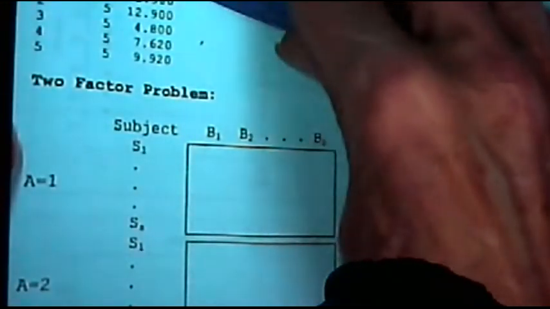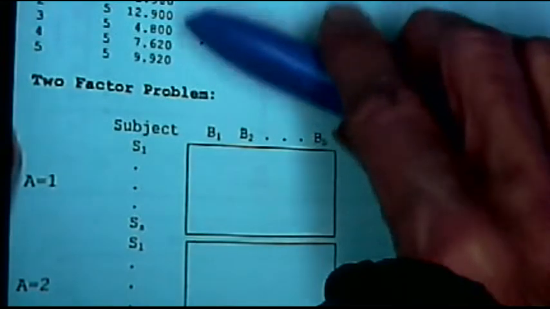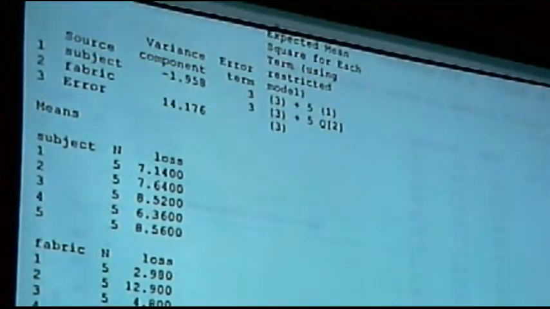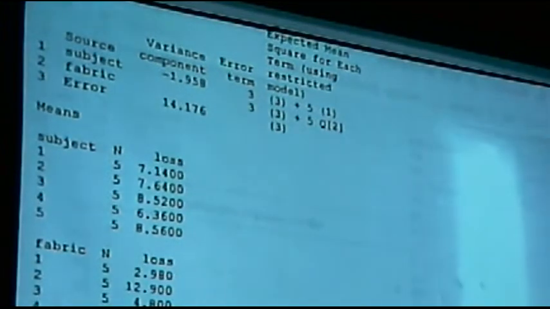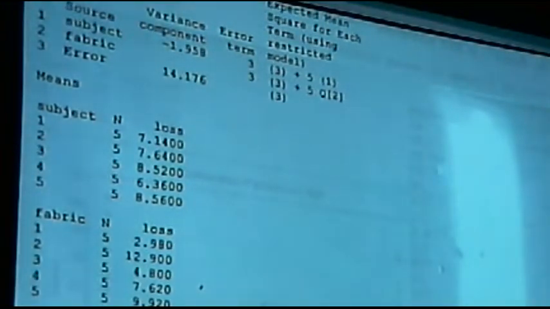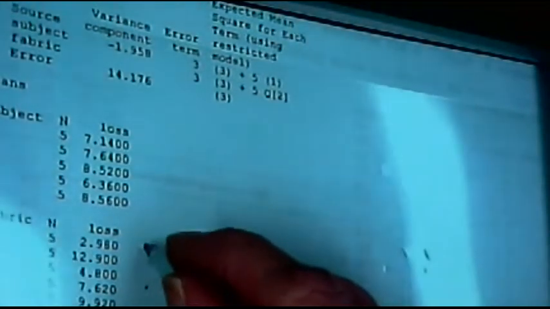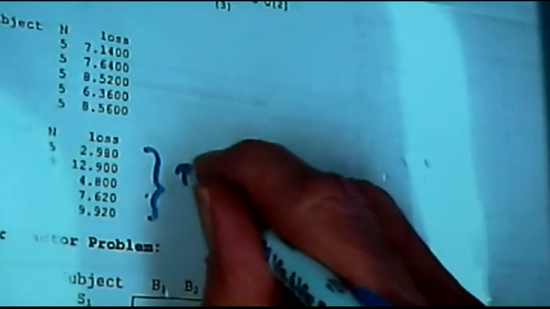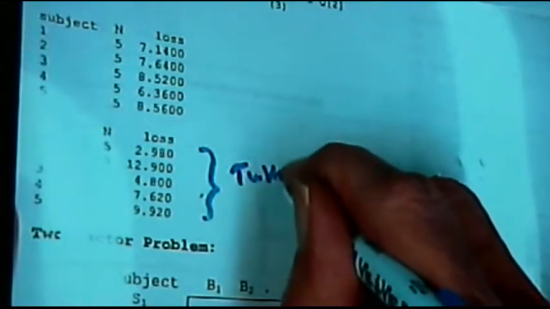Then I have these means printed out at the end, and we could do something with these means. For example, if we wanted to do pairwise comparisons here on the fabric variable, we could perhaps try Tukey pairwise comparisons.